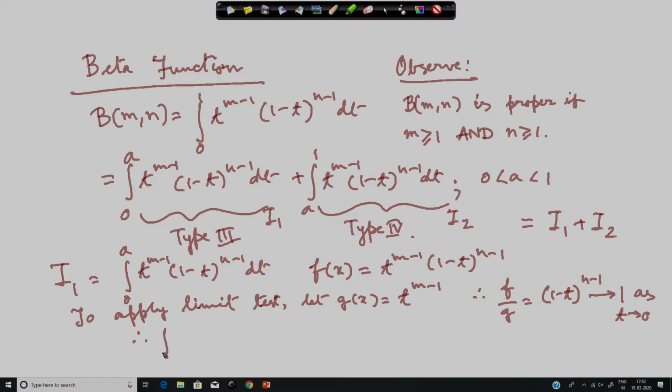Therefore, integral 0 to a of f and integral 0 to a of g will converge or diverge together. Now what about integral g?